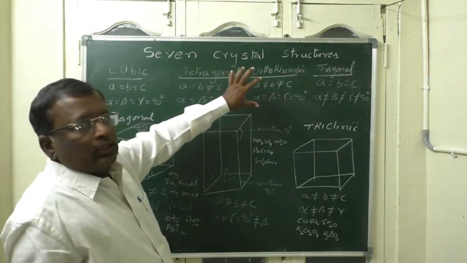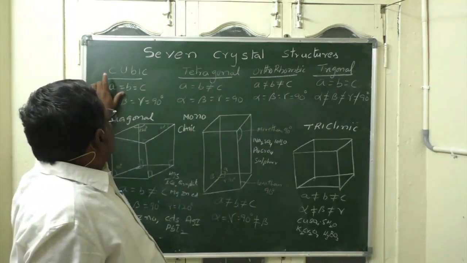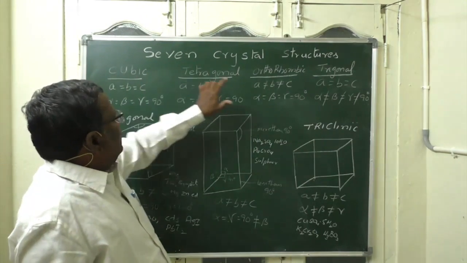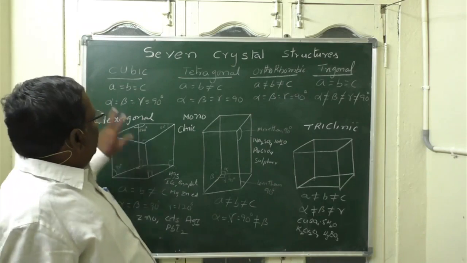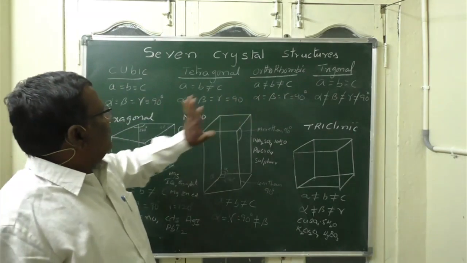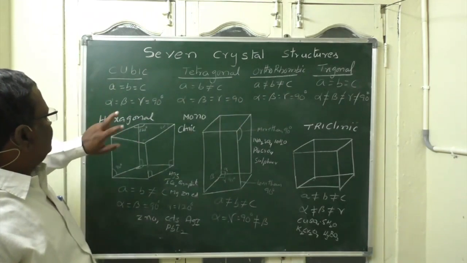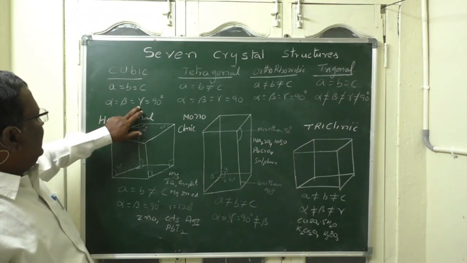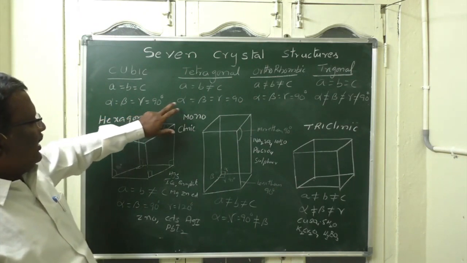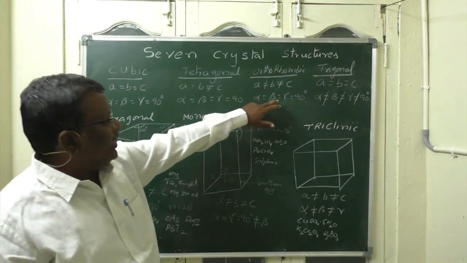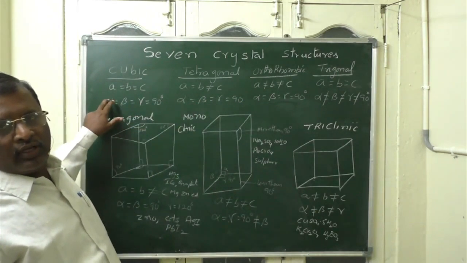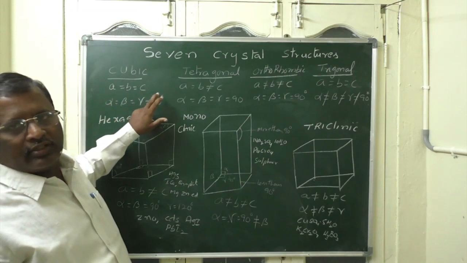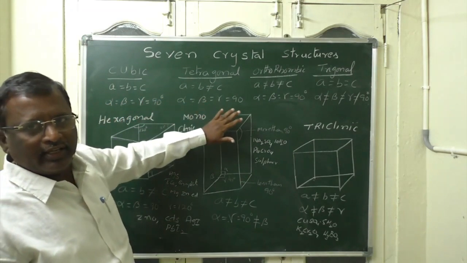Just for remembering purposes, they are classified as CTOT, because in 3 structures, if you observe, alpha, beta and gamma are equal and equal to 90 degrees. For the first 3 structures, alpha is equal to beta is equal to gamma and equal to 90 degrees.